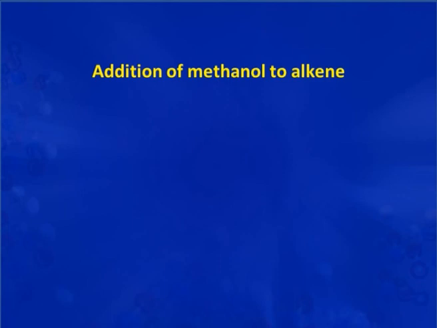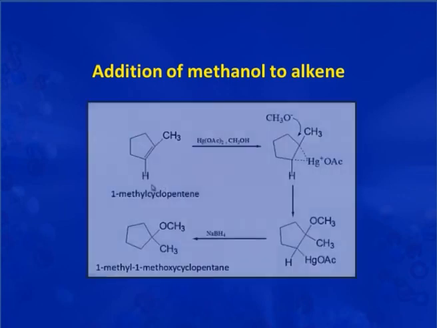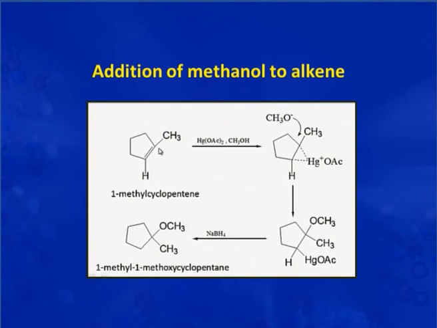Now we will discuss the reaction of methanol on 1-methyl cyclopentene. 1-methyl cyclopentene is an unsymmetrical alkene. The first step is the formation of a bridged mercurinium ion along the carbon-carbon double bond, and the second step is the attack of methoxide, the nucleophile.